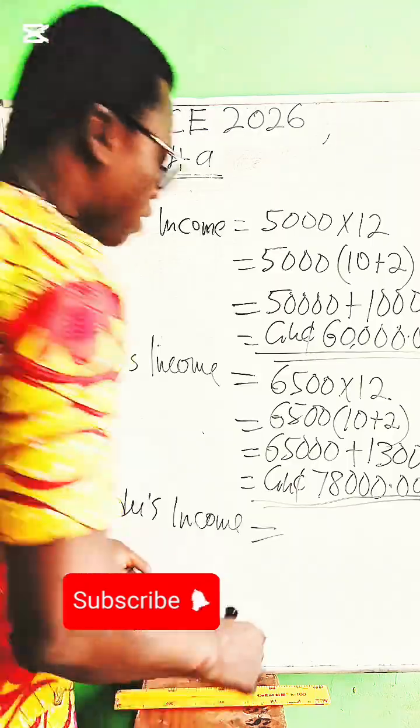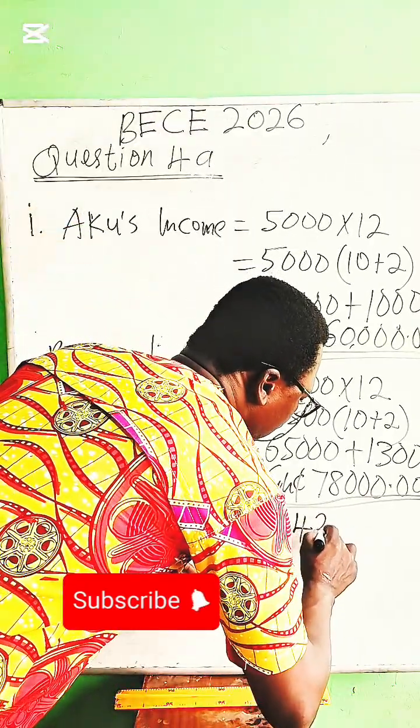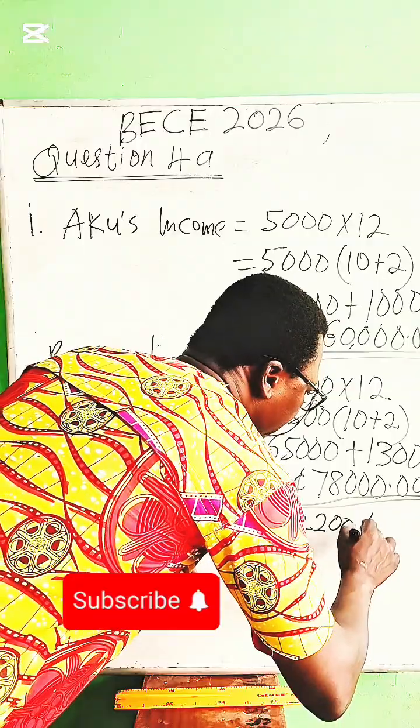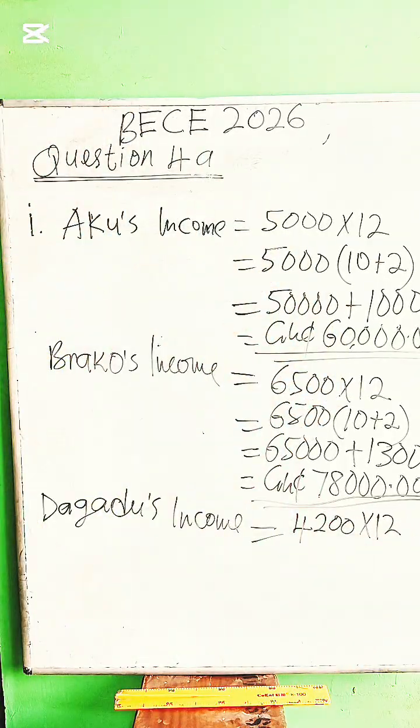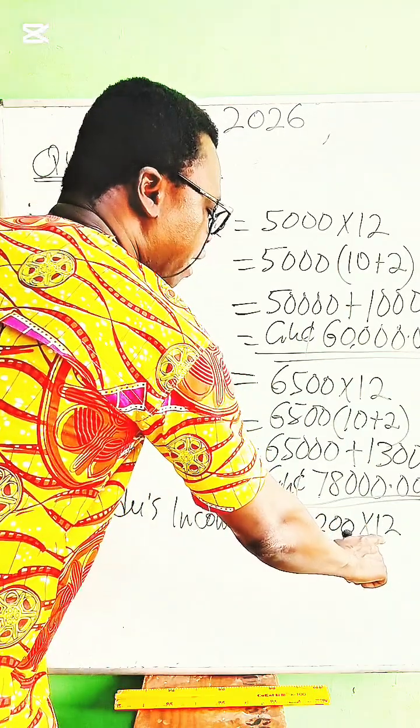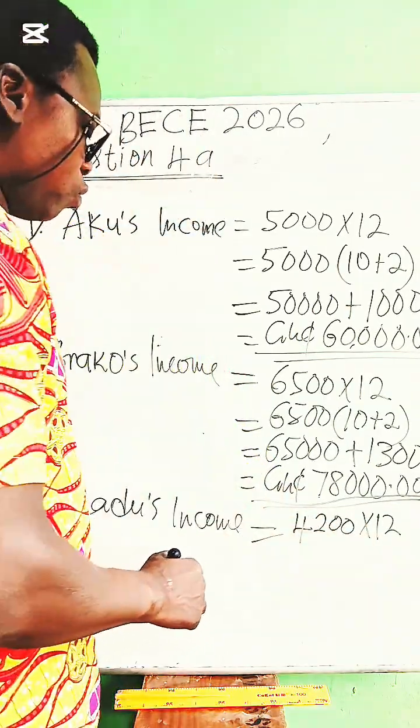Let's proceed to look for Dagadu's yearly income. Dagadu's monthly income is 4,200 multiplied by 12. I will rewrite 12 as 10 plus 2.